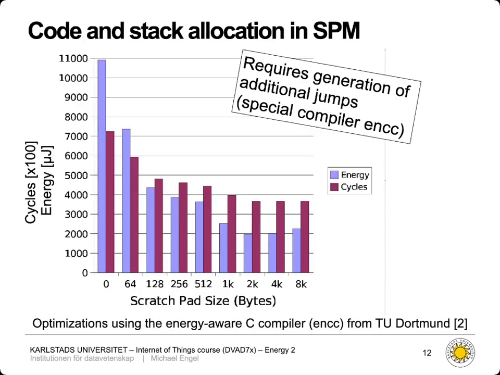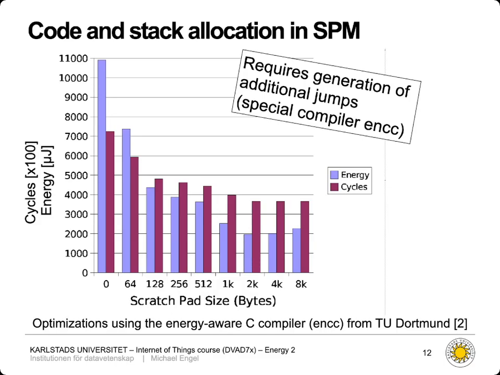So you can do things like code allocation in scratchpad memories. You can also allocate your runtime stack in scratchpad memory. Runtime stacks are usually very often accessed because they keep local variables and also return addresses. So if you make use of a lot of functions, then you also make use of a lot of scratchpad memory.